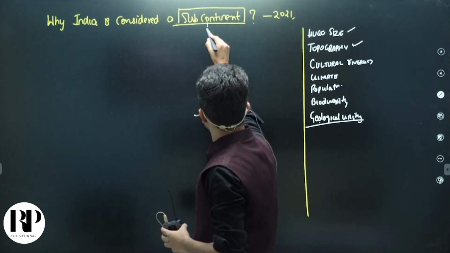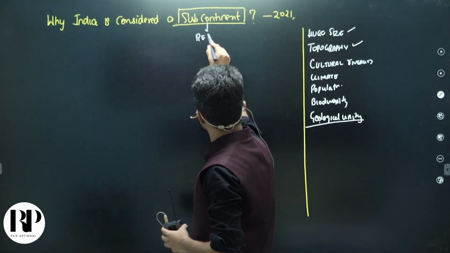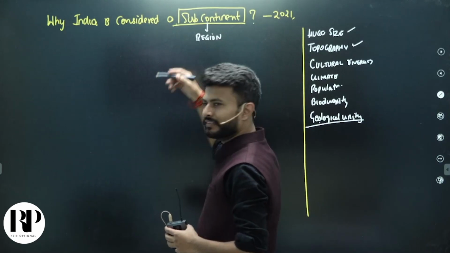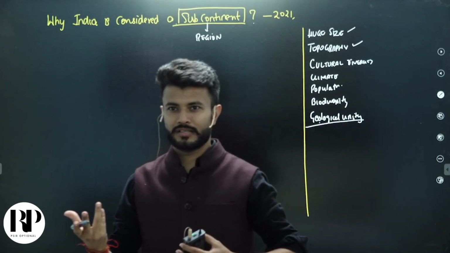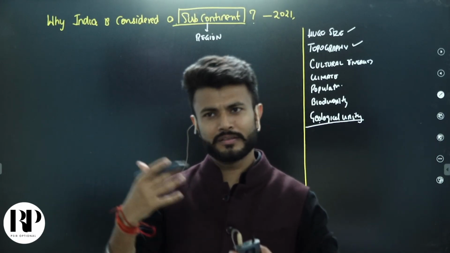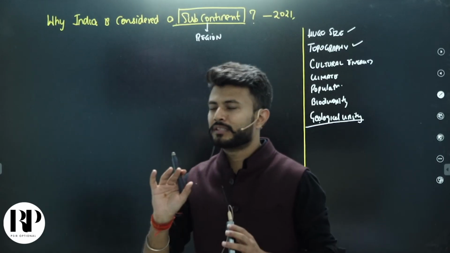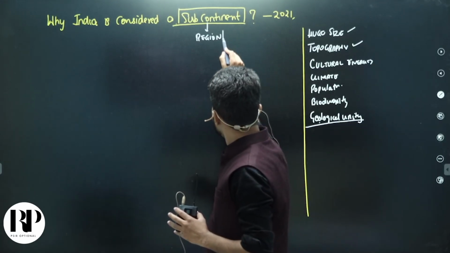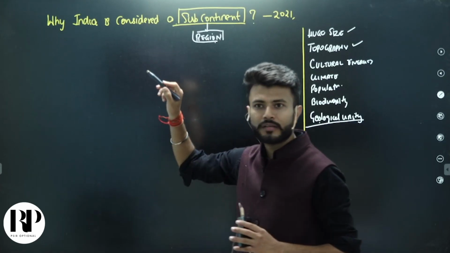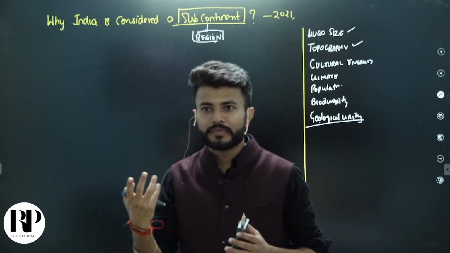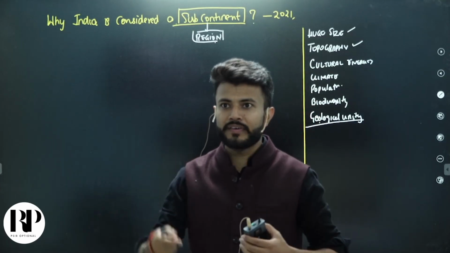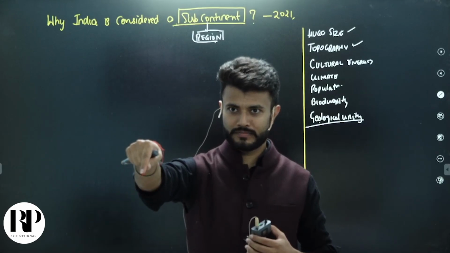A subcontinent is basically a type of region. A continent is a region. Delhi is a region. So a subcontinent is also a region, maybe different in size. First we understand, what do we mean by a region? How will we identify that this is a particular type of region?